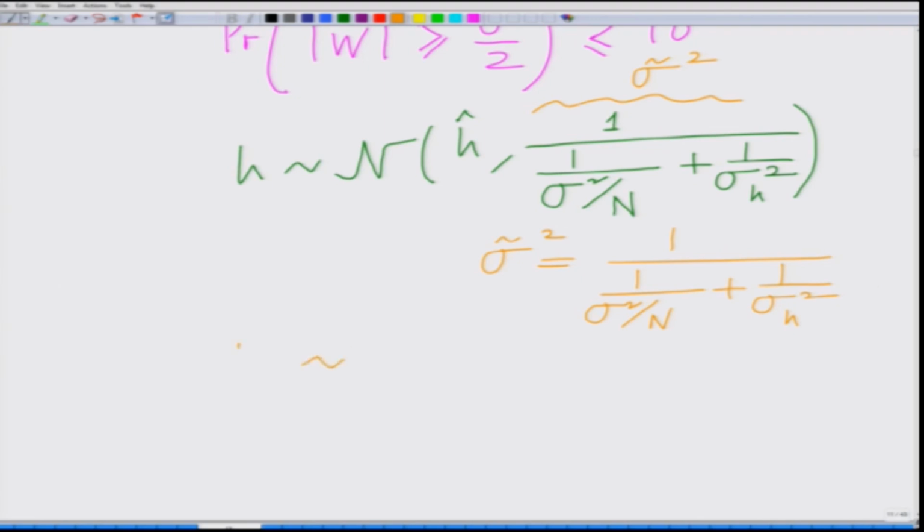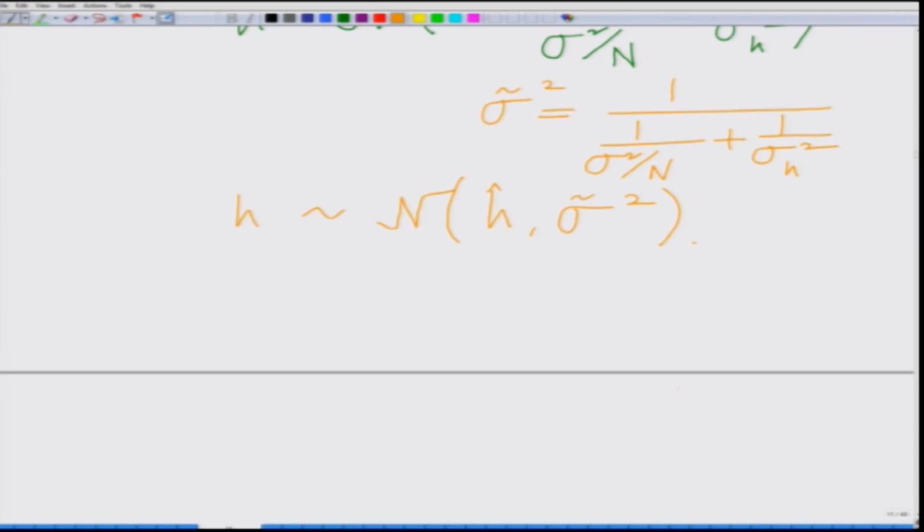So, I can say H given y bar, this is the posterior distribution, is Gaussian with mean H hat, variance sigma tilde square, and therefore, this implies that if I look at this error, that is H minus H hat, from the parameter I am subtracting the mean, which makes the mean 0.